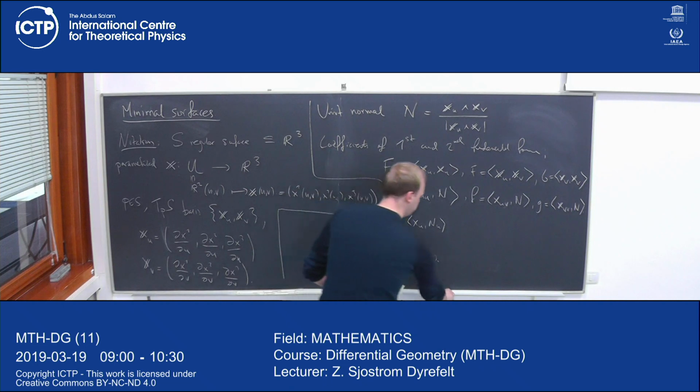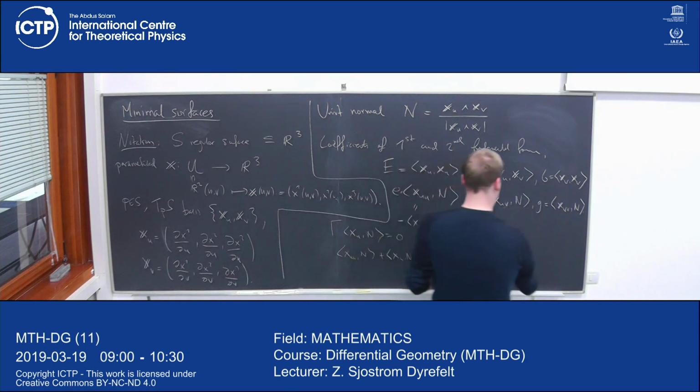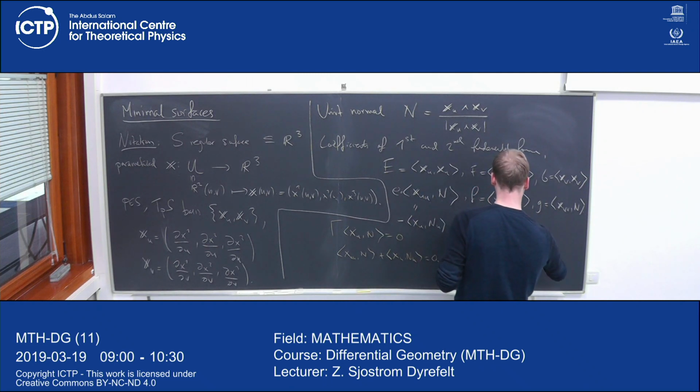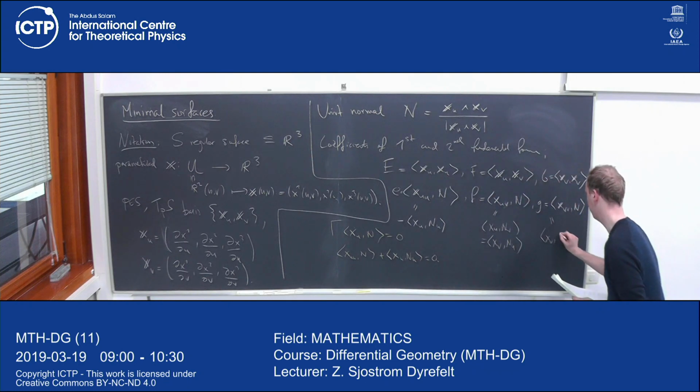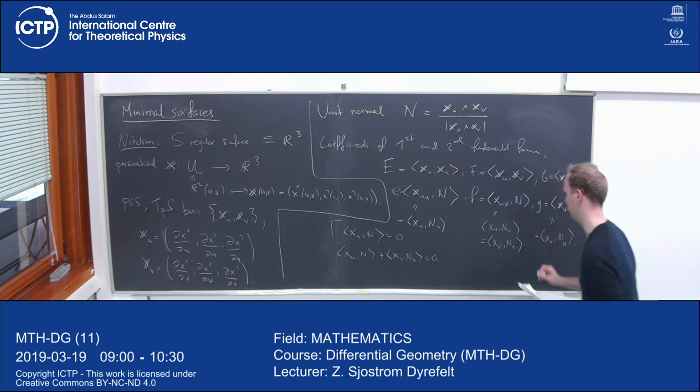And so in the same way, you can see that this thing equals minus XU·NV, and it also equals minus XV·NU, and this thing here equals minus XV·NV. So with a minus sign.